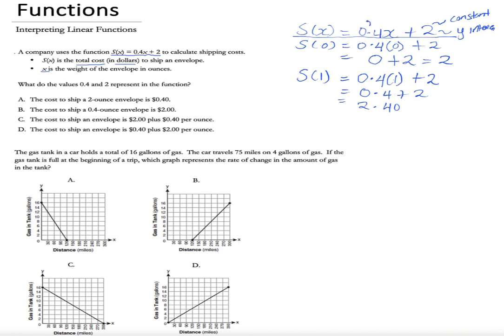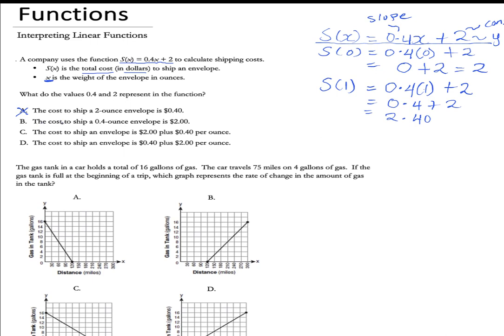The 0.4 represents your slope, and your cost increases based on your value for x. So if we look at our answer choices, A says the cost to ship a 2-ounce envelope is 40 cents. Now we know x represents the weight, and that 2 there is not the weight. So I would not choose A.